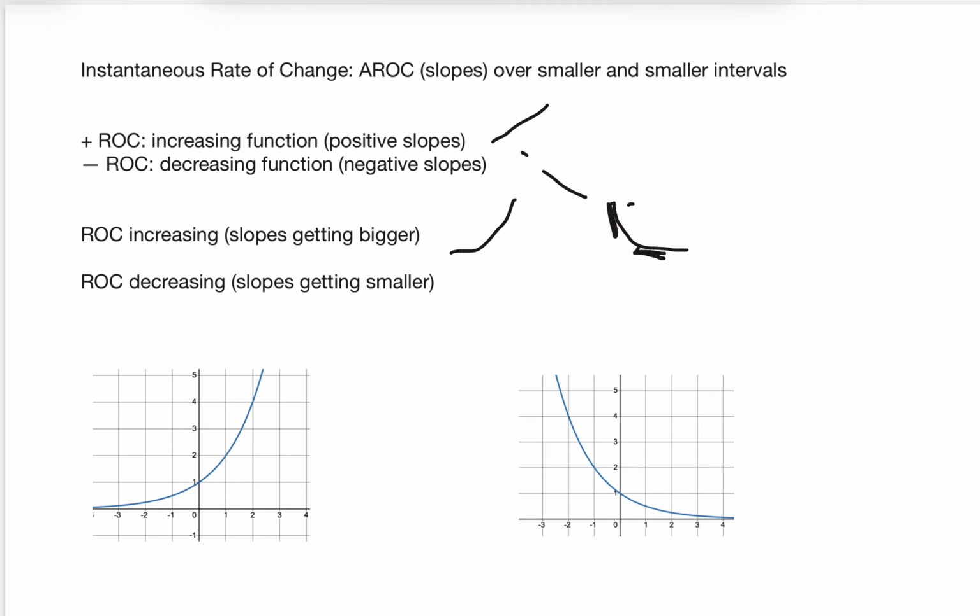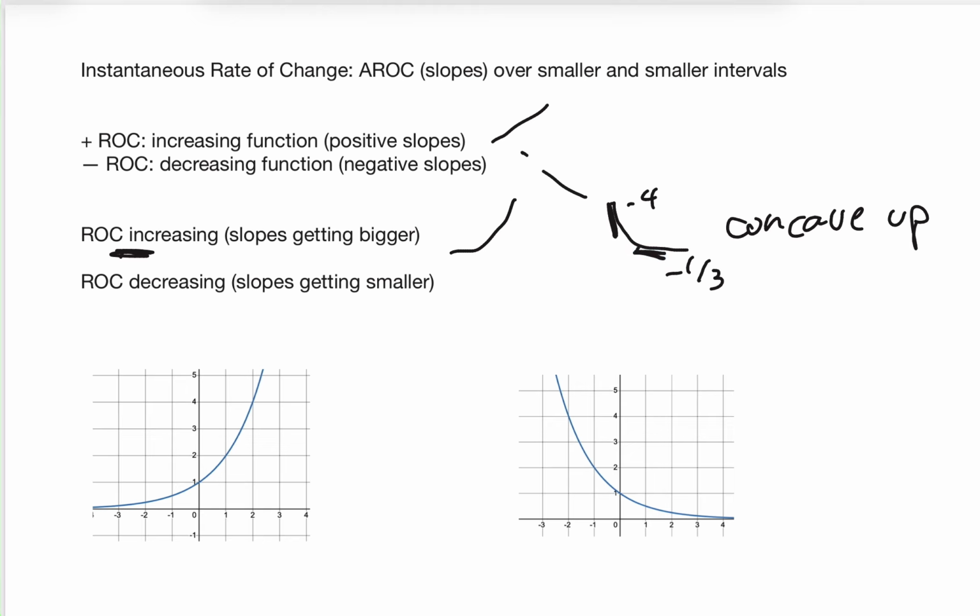So if I go from negative 4 to negative 1/3, my slopes are actually getting bigger. They're getting less negative. So that's where this gets really confusing, but what we're trying to think of is increasing rate of change means that this is going to be concave up. So if we have an increasing rate of change, it's concave up.